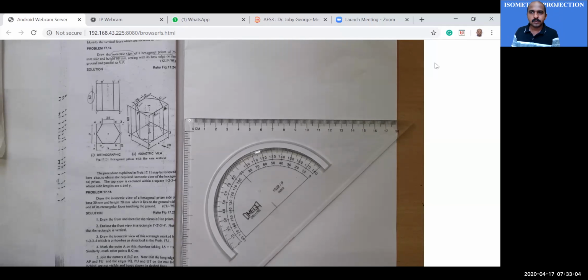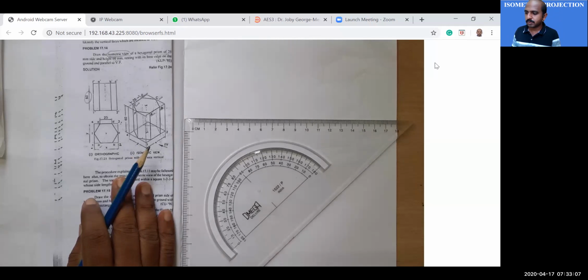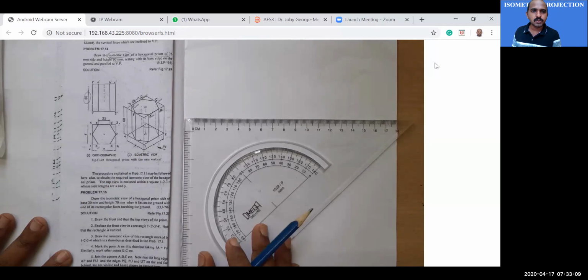Good morning. Now, let us discuss how to draw the isometric projection of a given solid.